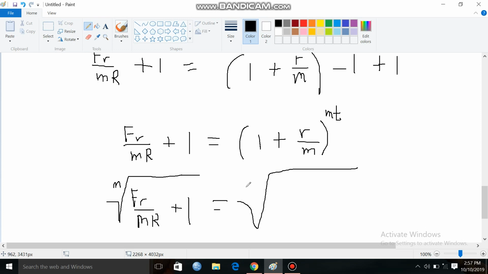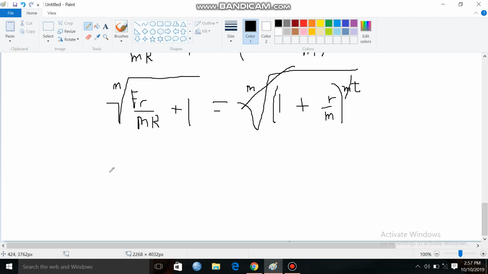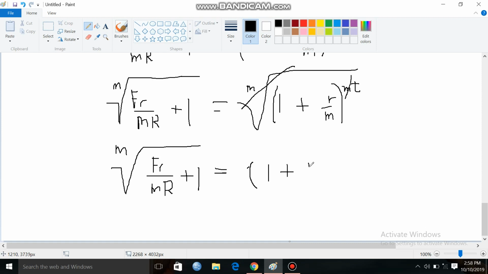We simply put the nth root on both sides of the quantity 1 plus r over m to the mt. Since the root is the reverse of the power, we can simply cancel them. Next, let's rewrite this: the nth root of Fr over mR plus 1 equals the quantity 1 plus r over m raised to the power of t.